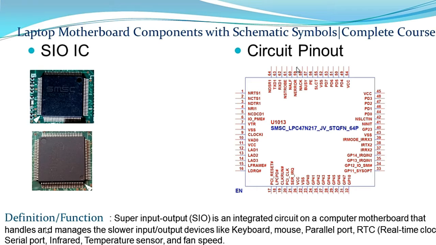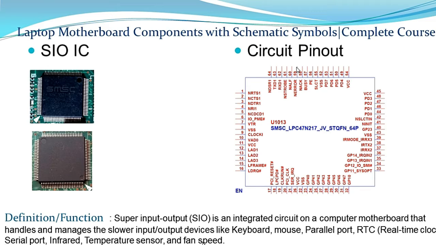So let's see the definition first. Super input output I/O, or we called it SIO, is an integrated circuit on a computer motherboard that handles and manages slower input-output devices like keyboard, mouse, power port, RTC real-time clock, serial port, infrared, temperature sensor, and fan speed.